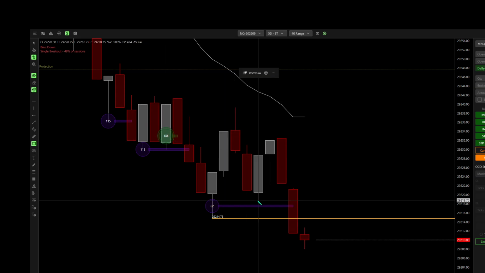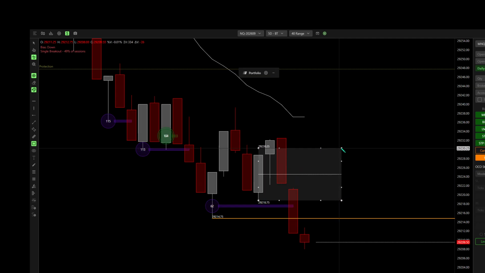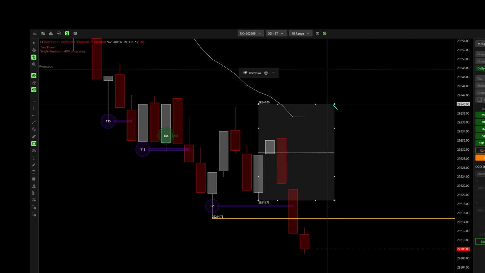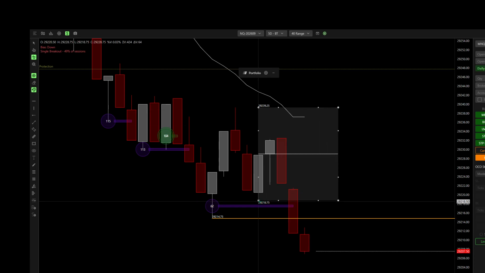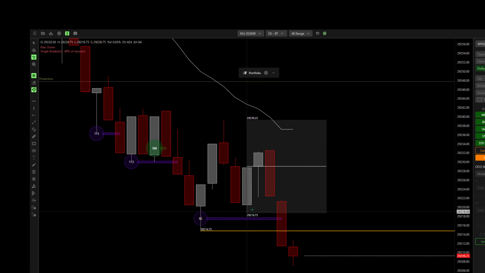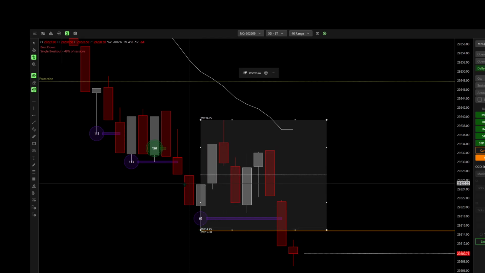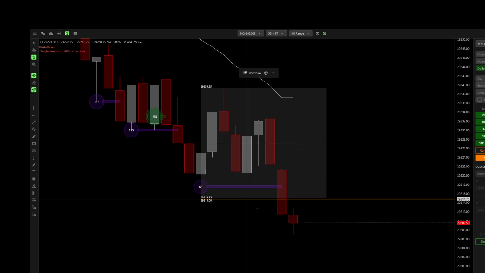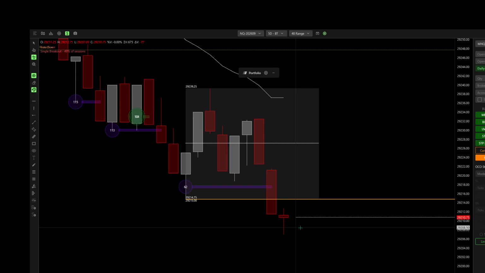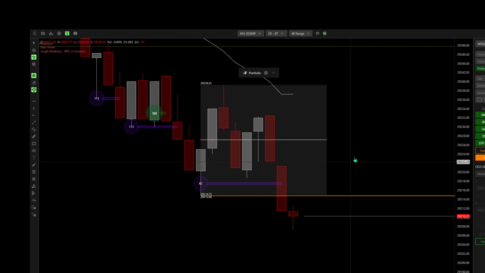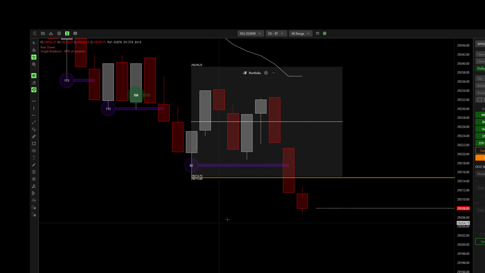Next range is the low that put in the high. We break the range. At some point, we're likely going to tap back into it and leave again.